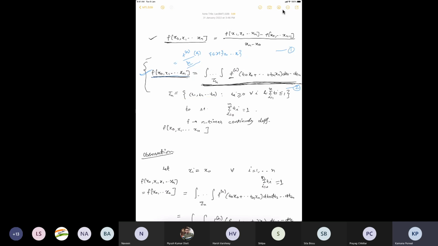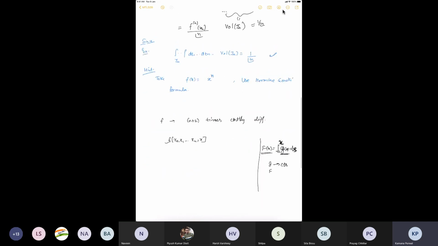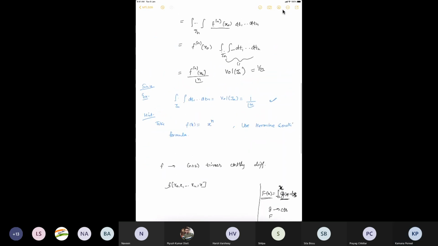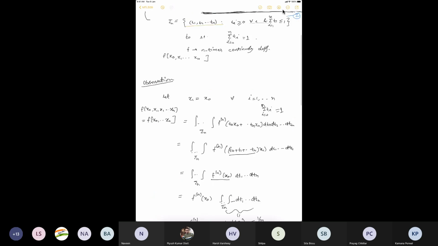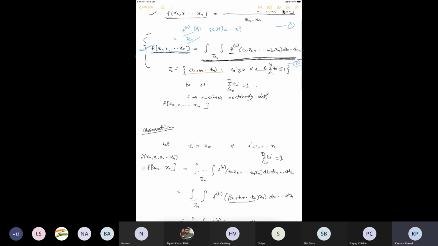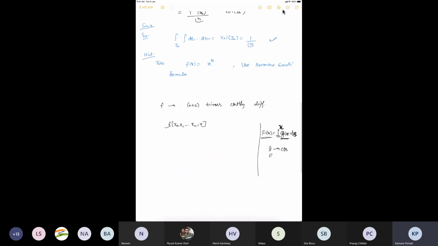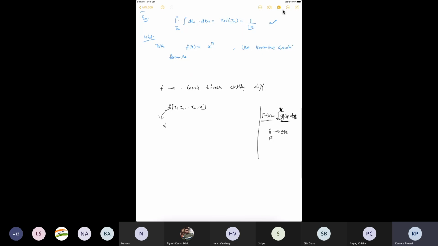And if f is n plus 2 times differentiable, which is what I have assumed, the n plus 1th derivative is also going to be continuous, right? So this means that this function which we have here is going to be a differentiable function, right?